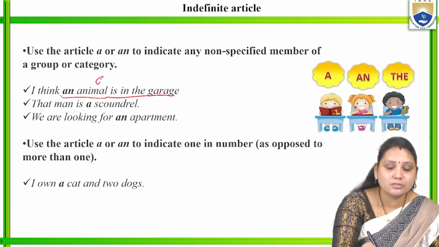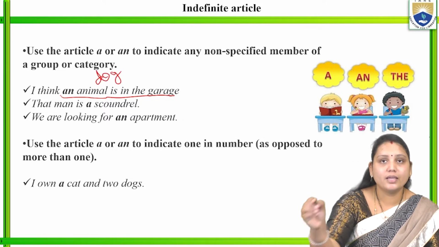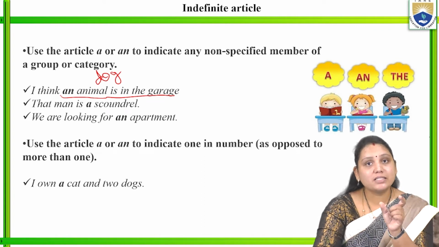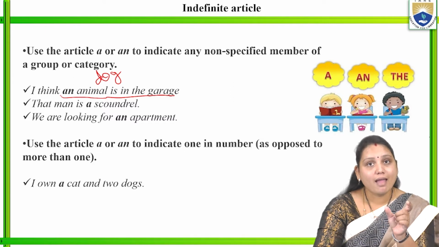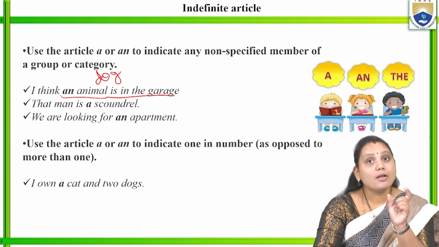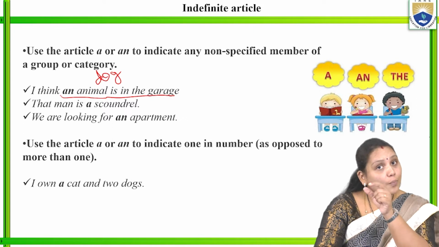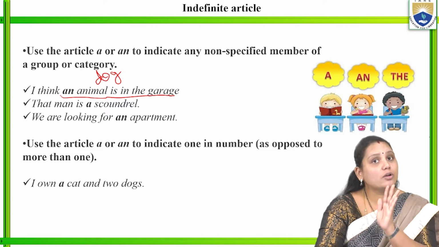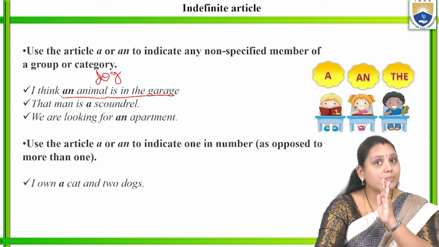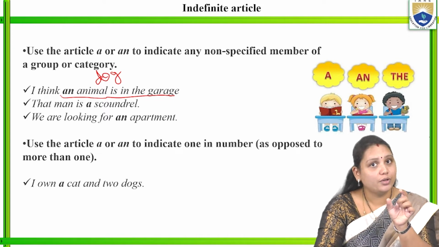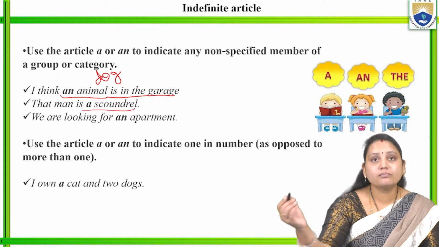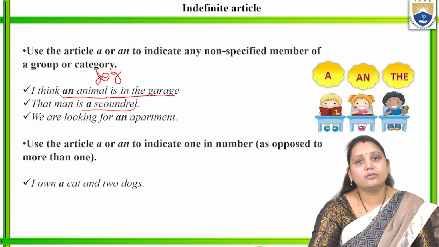Here dog has a specific identity, isn't it? But we are using a or an to indicate the group name. That is, you are going to use a or an before a common noun too. Okay. Next, that man is a bad person. Okay.